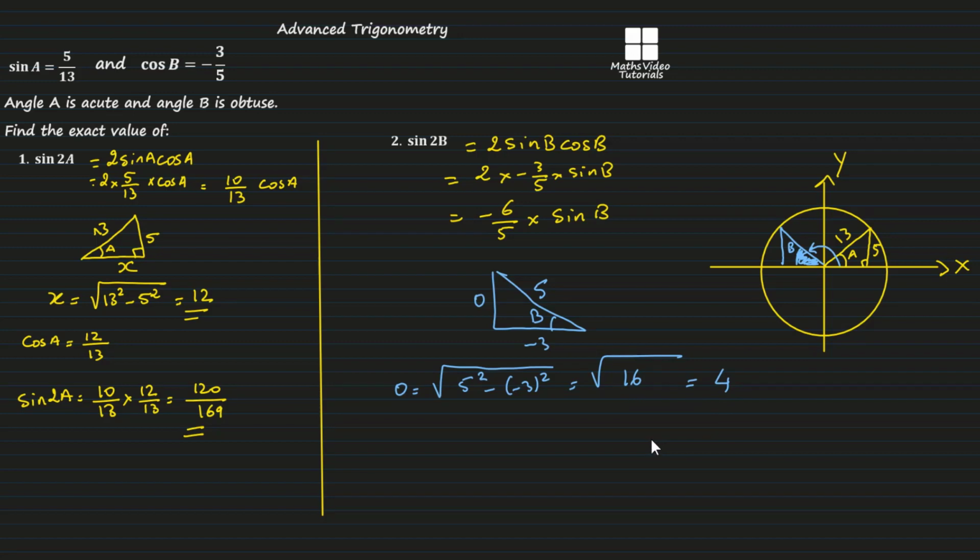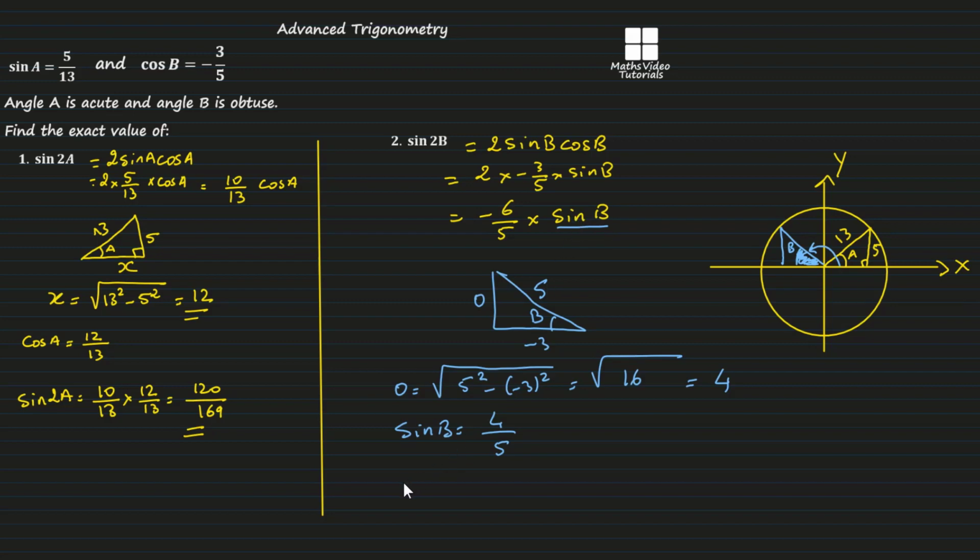To work out sine B, we just do sine B equals the opposite, which is 4, divided by the hypotenuse, which is the radius of our circle, 5. So that is the sine B. All we have to do now is substitute it into this calculation.